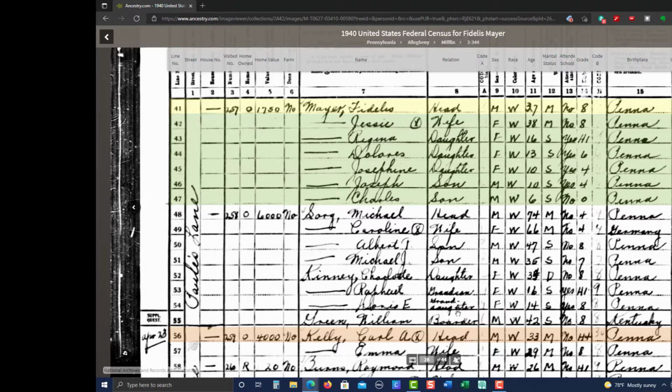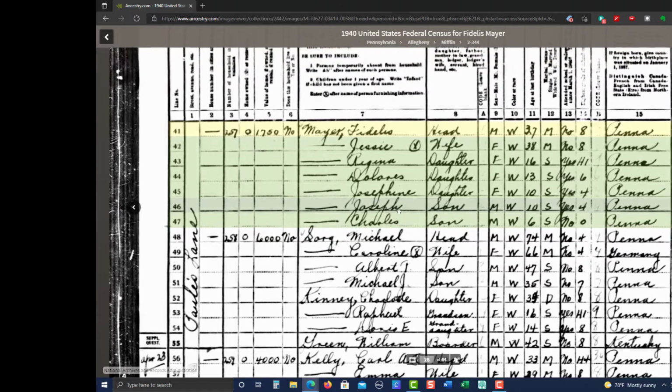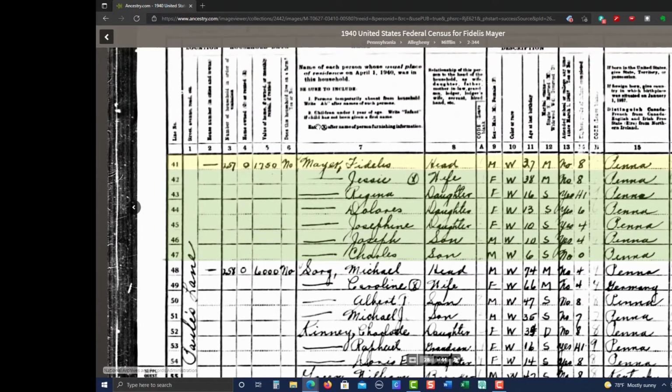Now, what in the world is that? Well, actually, it tells you up here. It might be hard to read because it's fuzzy, and if I zoom in anymore, it's going to be even fuzzier. But it says to enter, and well, let me get on my form on my other thing here. It says enter a circled X after the name of the person furnishing this information.